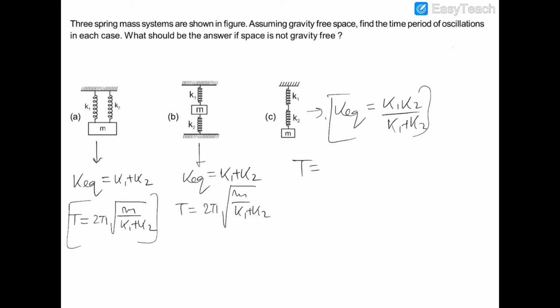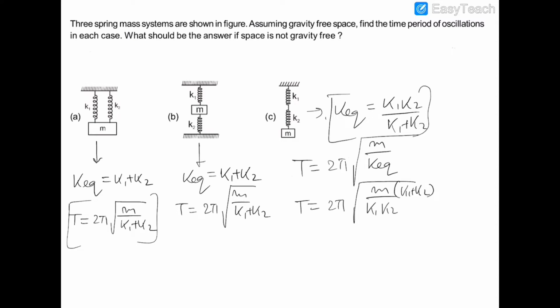So the time period would be 2 pi under root m by k equivalent, that is 2 pi under root m by k1 k2 upon k1 plus k2. So this is the time period of SHM. These formulae would remain the same in the presence or absence of gravity, so it will not matter for the time period.